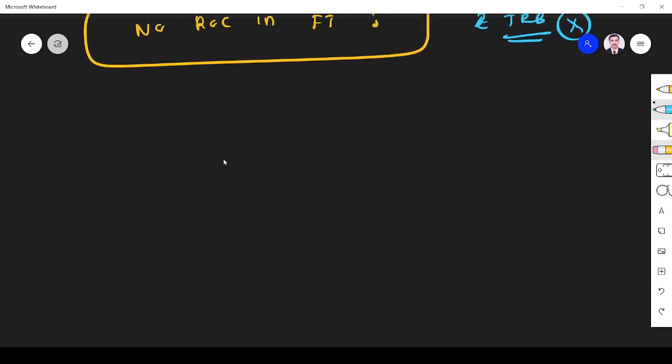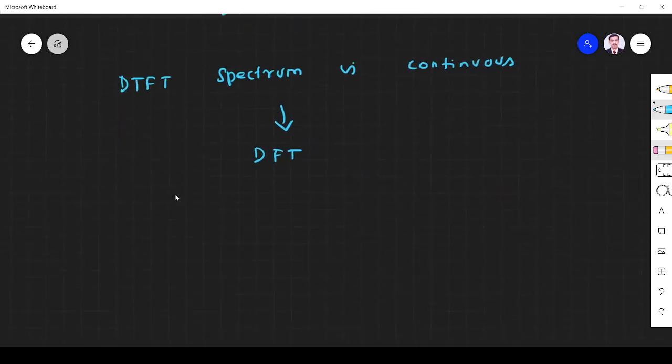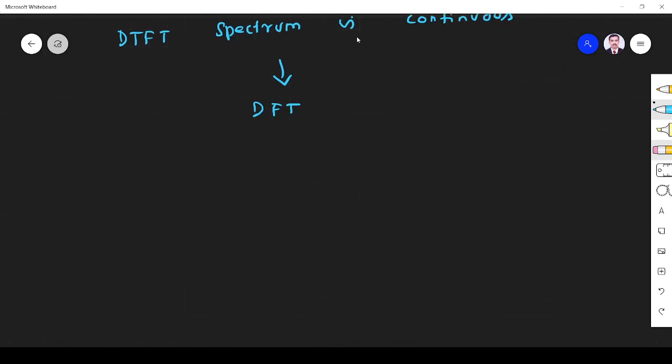Next one, DFT. DTFT spectrum is continuous. So it is very difficult to work on DTFT in a system. In order to make it possible in a system, we have to go for DFT. DTFT is continuous; here the spectrum is discrete.